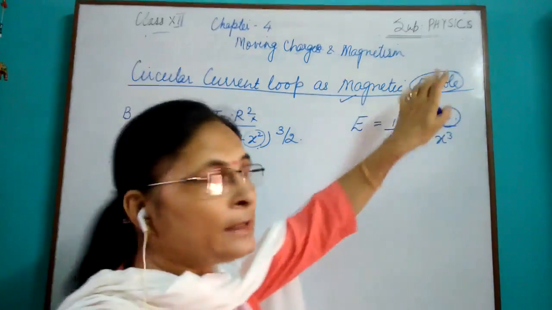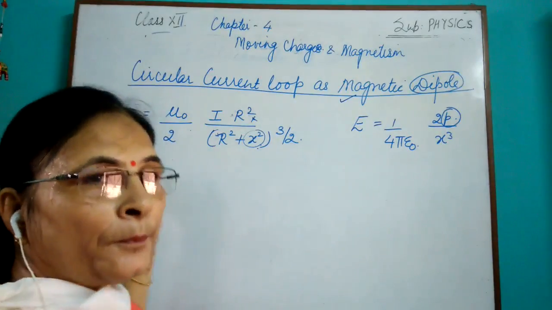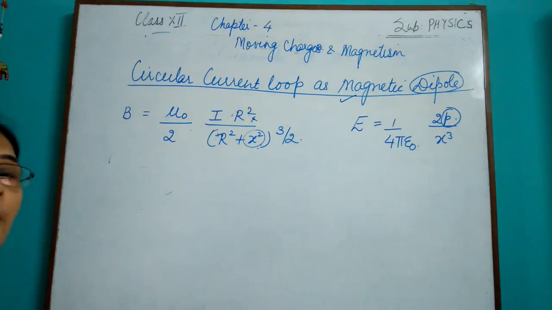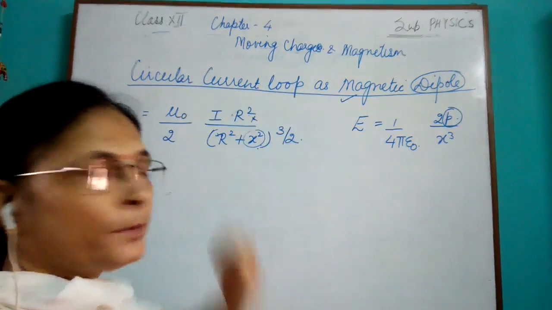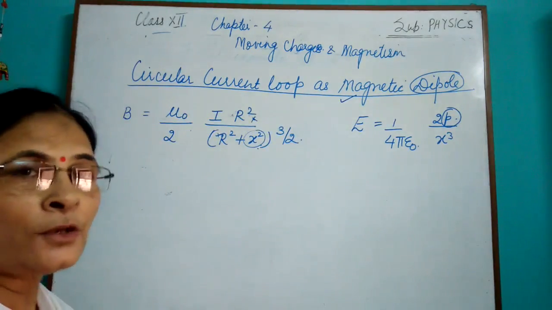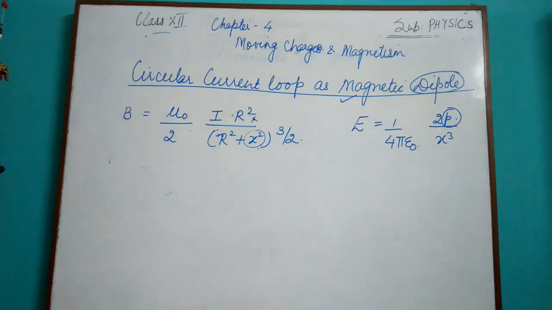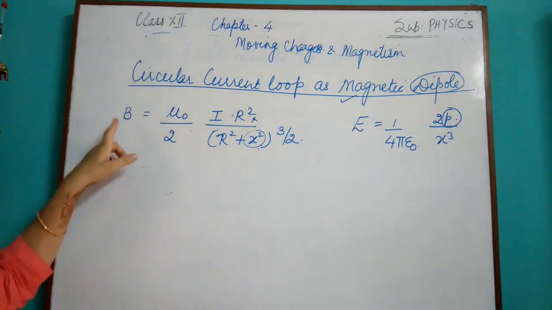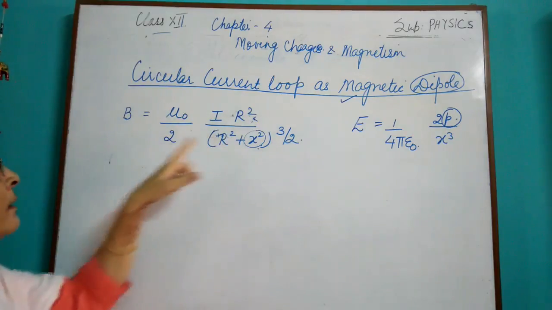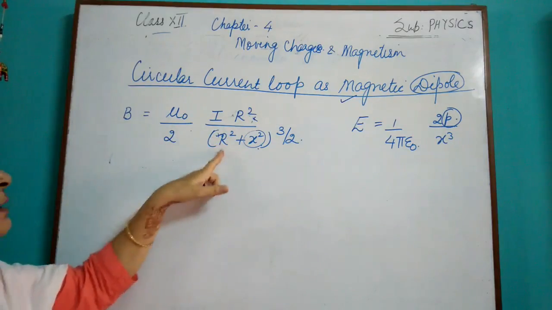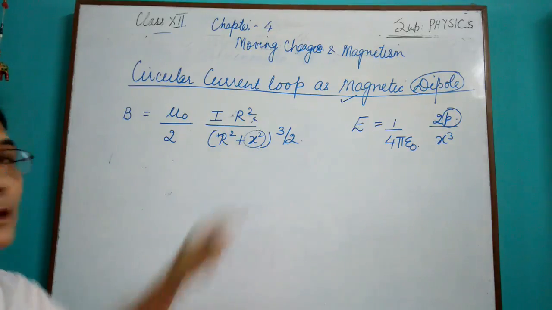For magnetic dipole, we'll see that we get a similar expression for magnetic field also when we calculate it for a current loop. For a current loop, we have already calculated using Biot-Savart's law, B is equal to mu naught I R square upon 2 (R square plus x square) raised to the power 3 by 2.